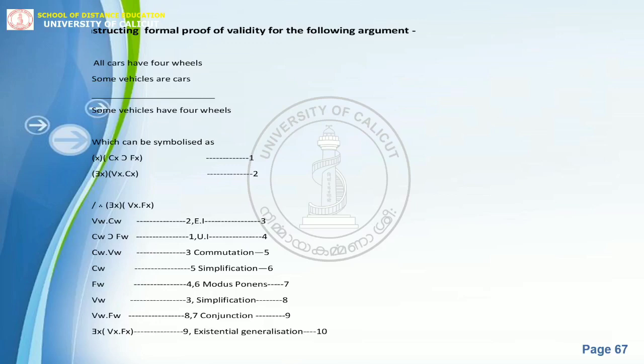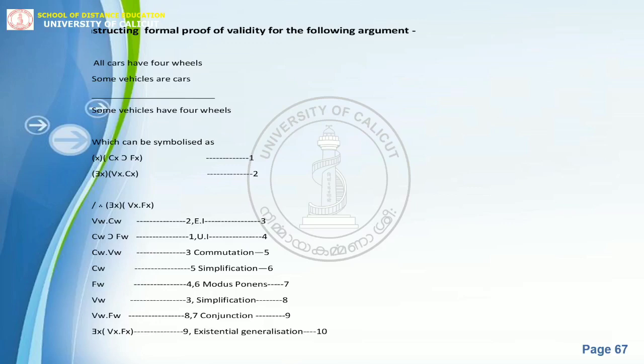The first step used here is existential instantiation. From 2 existential instantiation we get Vw conjunction Cw, and we mark it as 3. After that, Cw implies Fw, which is from 1 universal instantiation, and we mark it as 4.